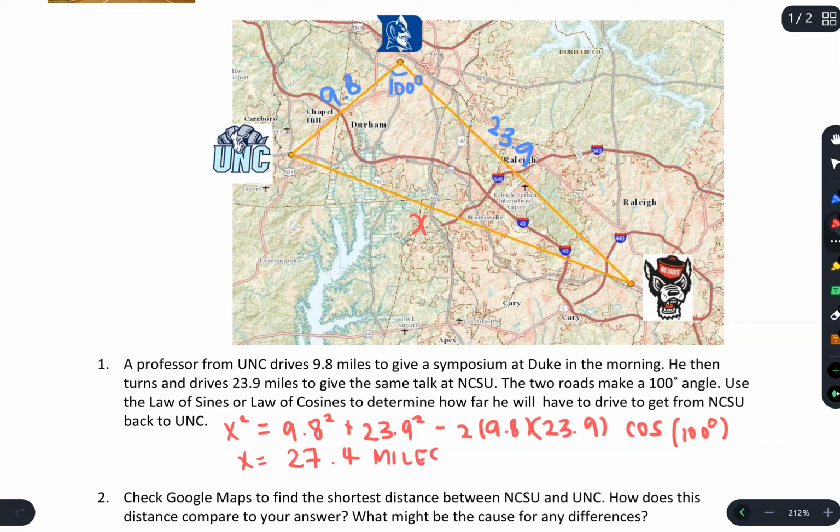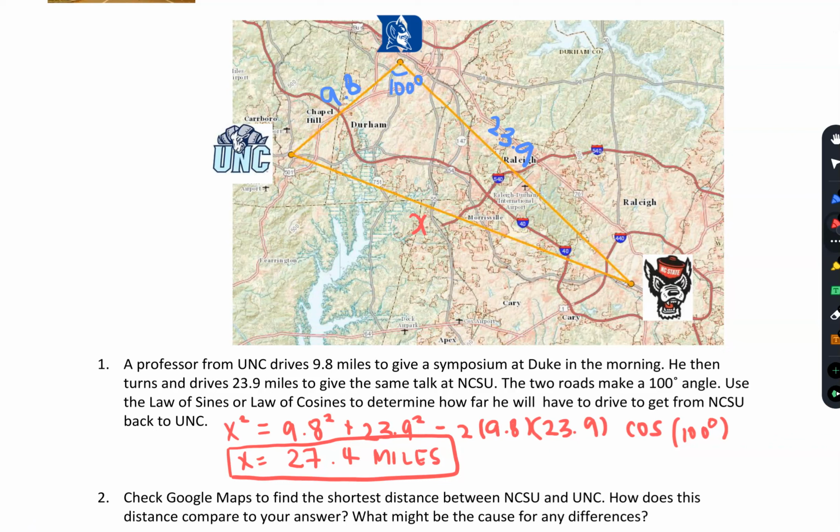Make sure that you're in degree mode. So 9.8 squared plus 23.9 squared minus 2 times 9.8 times 23.9 times cosine of 100 gives you 748.59, and then we'll take the square root of that value, which is 27.36.